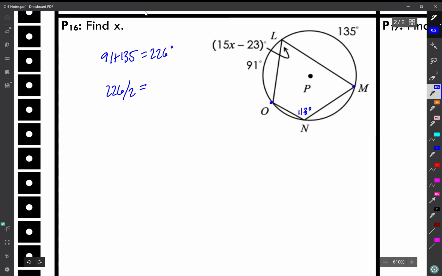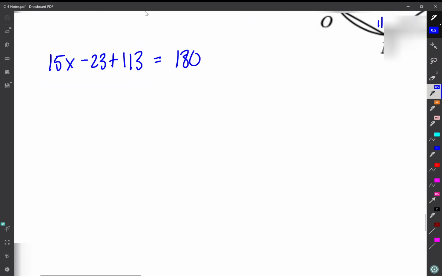Okay, so this 15x minus 23 and this 113 add up to 180 because they're supplementary, because they're opposite angles of an inscribed quadrilateral. So 15x minus 23 plus 113 equals 180. Now let's solve for x.